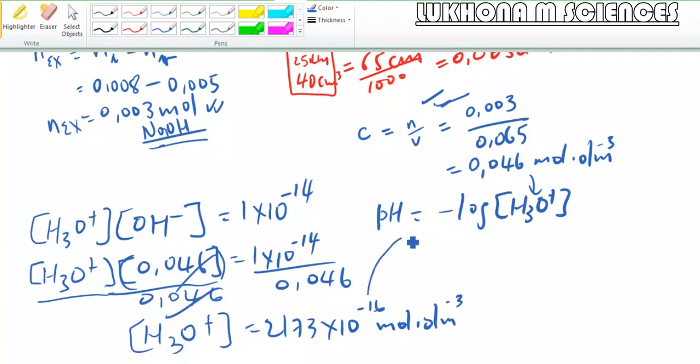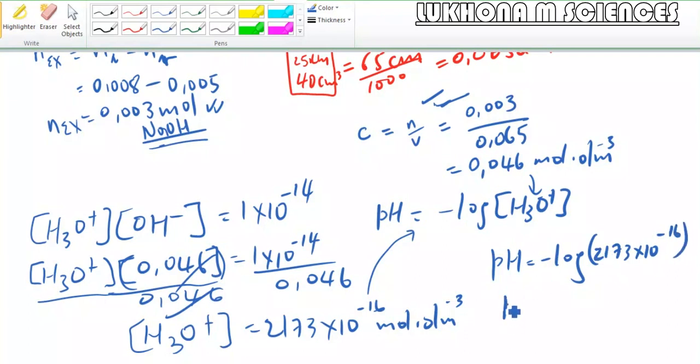Then we take this and substitute there. Therefore, the pH will be equal to minus log of the concentration, which is 2,173 times 10 to the power negative 13.